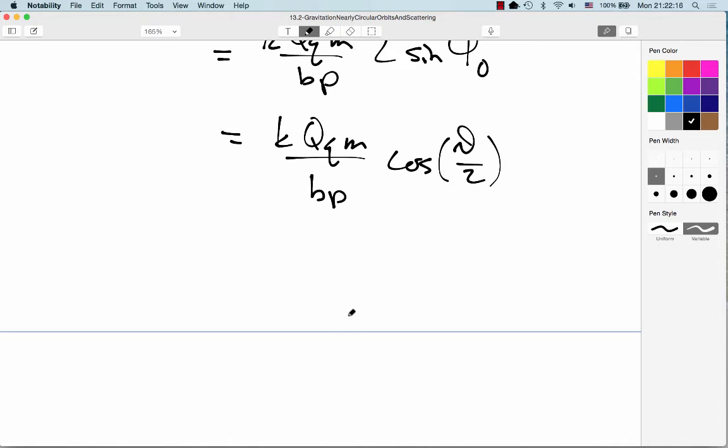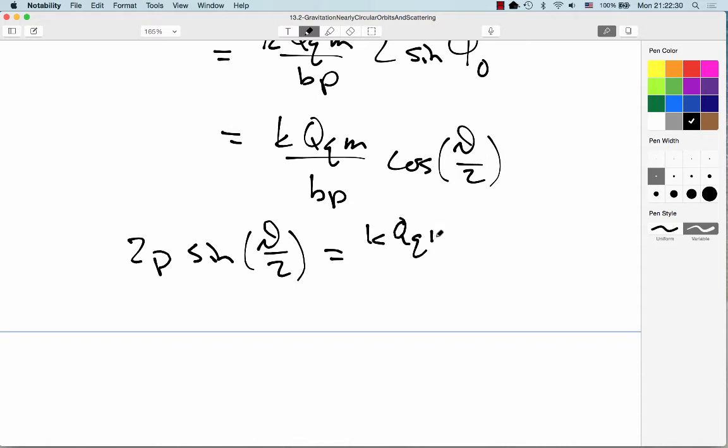So we have two expressions now for my delta p. One expression for delta p is 2p sine of the half angle. We got that from the vector construction. And the other is this monstrosity we just generated, kqqm over bp cosine of theta over 2.